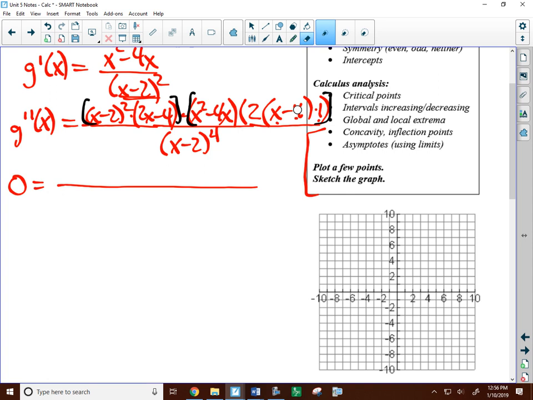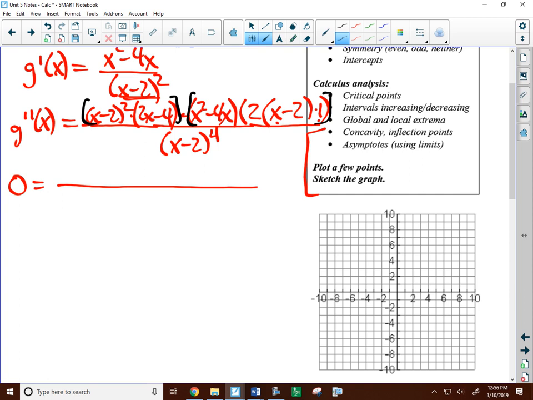I don't know. Sorry about that. So each of the numerator terms has an x minus 2 in it. The bottom is x minus 2 to the 4th. I can cancel out an x minus 2 from each of those terms, and 1 from the bottom.